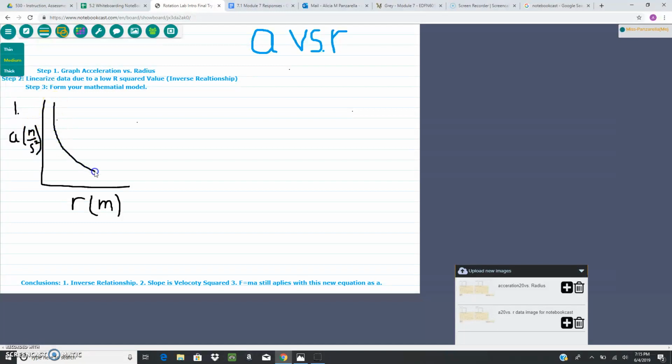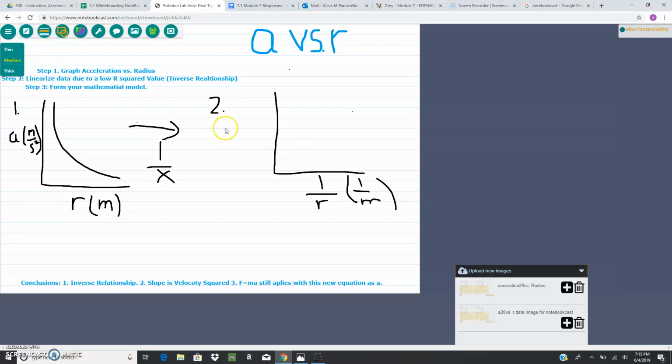And we know that it's that inverse trend. And then in order to linearize, I know that I have to do 1 over x. And then my second linear graph shows 1 over r with the units of 1 over meters.